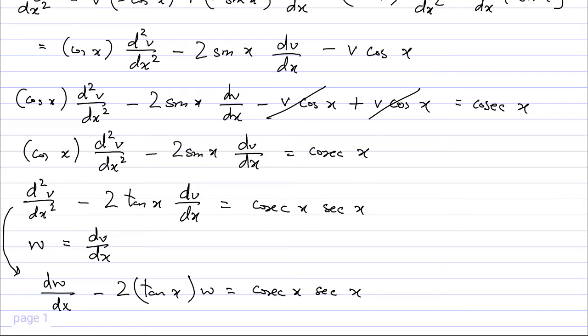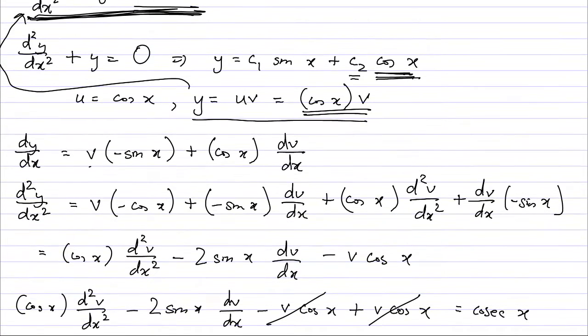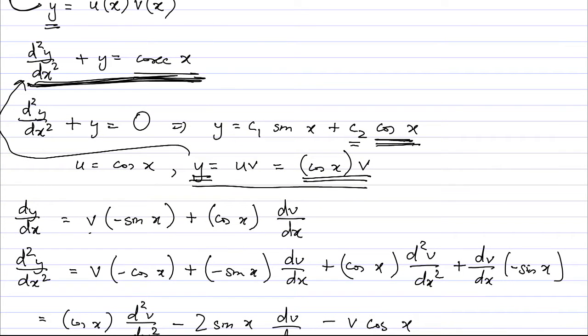This is a linear first order differential equation which you know how to solve. So you solve that and you will get w. And once you have w, you can integrate on both sides, so you integrate w with respect to x to get v. And once you have v, of course, you have y. Remember, y is equal to uv, and you already know u.